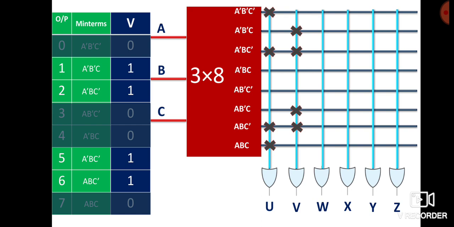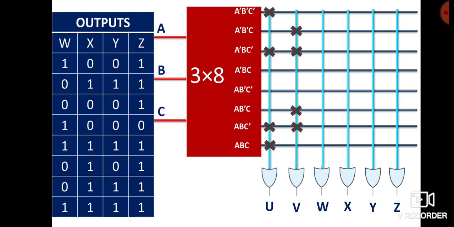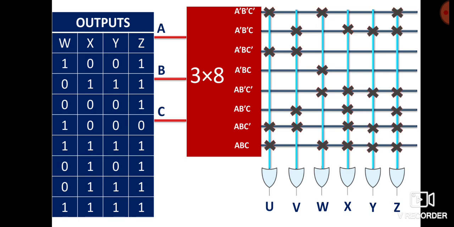See, similarly you can proceed further, and now I have got the complete truth table here, excluding u and v. So for w, I need this particular combination, or I need these particular minterms, so I will make connections accordingly. Similarly you can proceed further and complete the design.